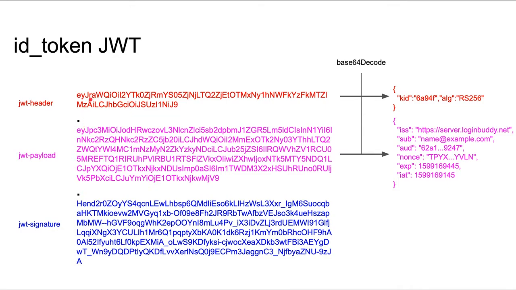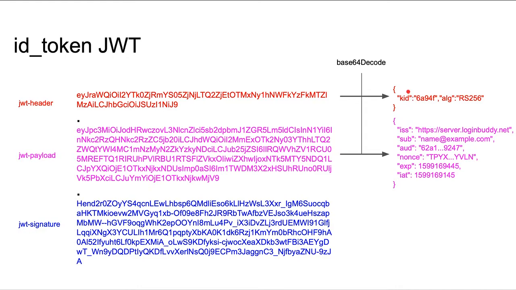The first part is called the JWT header, the second part is the payload, and the third part is the signature. The first two parts are simply base64 URL encoded, so you can use tools to base64 decode them, and you will find the JSON content.